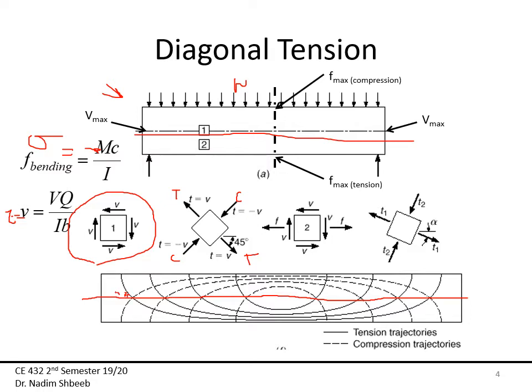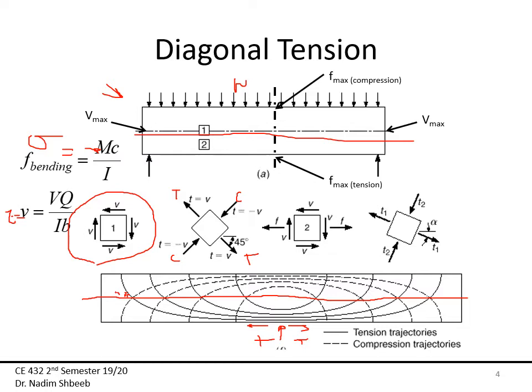So at the center, or at the neutral axis, I only have shear stress, but I have no bending stress. Now, if I go further from the neutral axis, let's say at a point here, I'm going to have maximum bending stress, but I'm not going to have any shear stress, and that way we can see that the tension is almost flat in this direction.